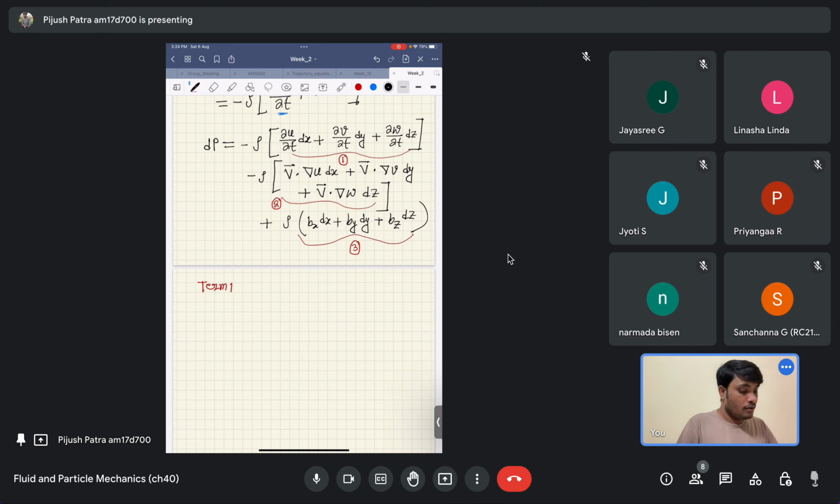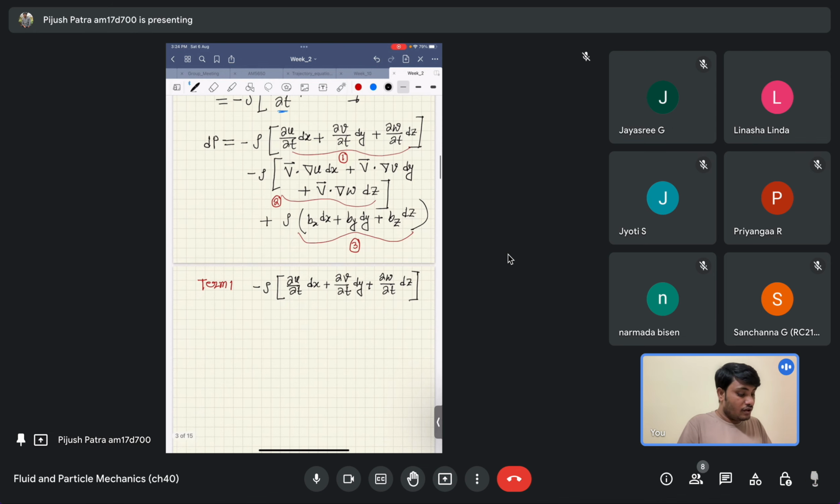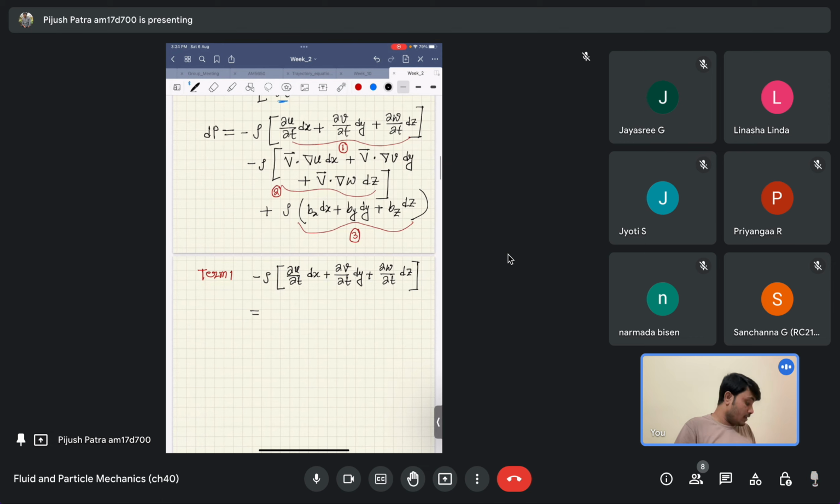Term 1 is minus rho ∂u/∂t into dx plus ∂v/∂t into dy plus ∂w/∂t into dz. Okay, so what can I write for this? Can someone tell me?